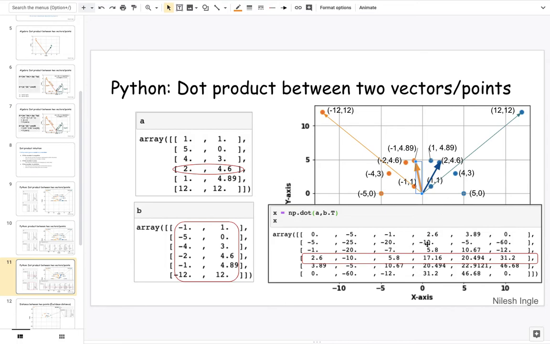And as you can see, the higher scalar values indicate that those two vectors would be moving in a similar direction, and as we can see here, that is very clear because the angle between those two vectors is much smaller as compared to other vectors which had a negative scalar value, such as this one, where the angle between those two vectors was much larger. So that's the central idea behind how to interpret the dot product values between two vectors in this case.